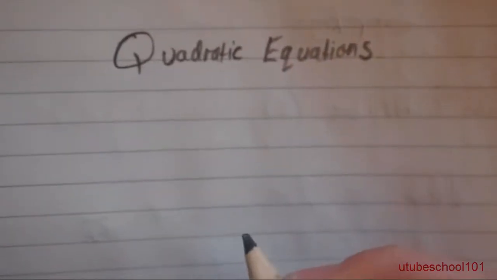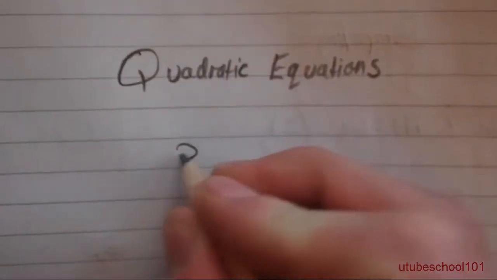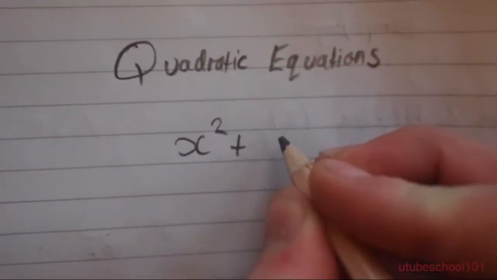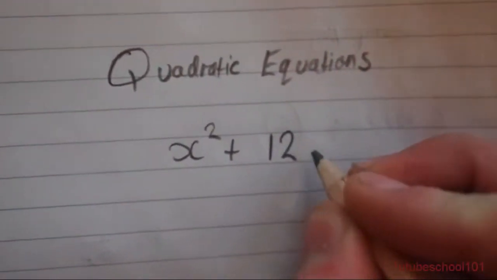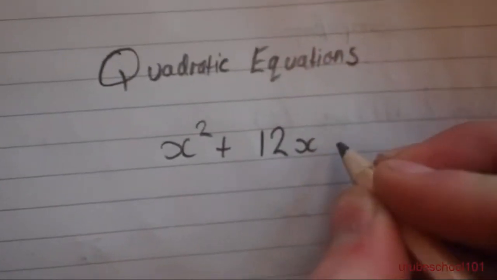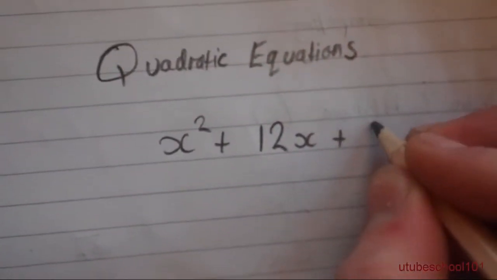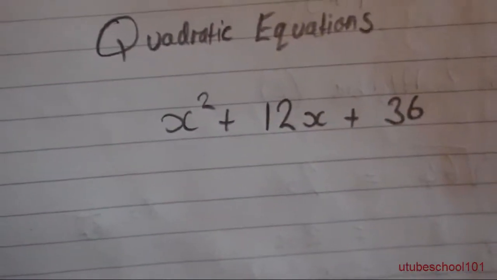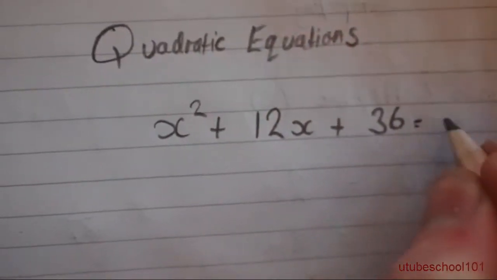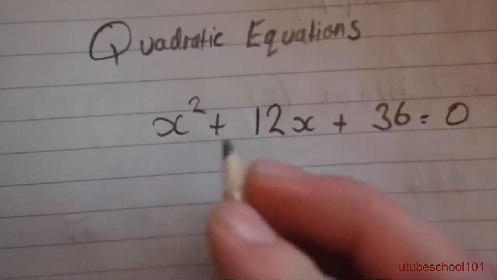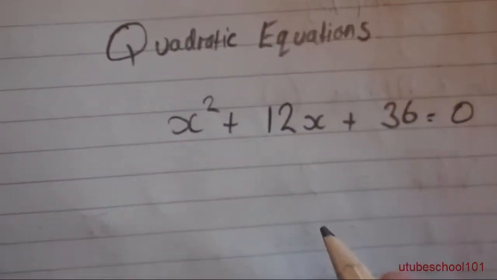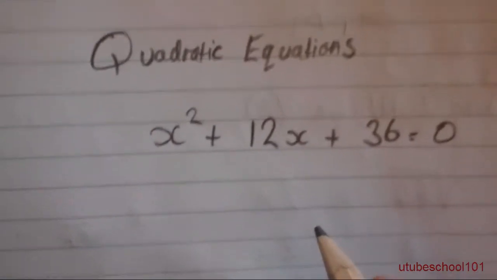Now, quadratic equations are expressions which add up to 0. So you can see 8x squared plus 12x plus 36 equals 0.